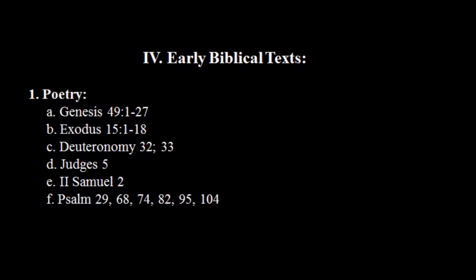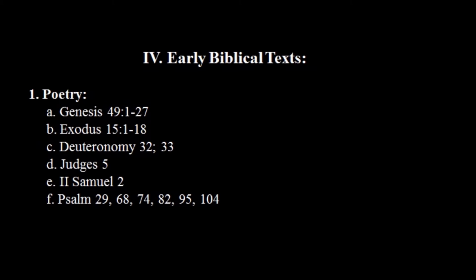It's got some significant theological differences from the rest of Deuteronomy, but also the Testament of Moses is a pretty old one as well. Judges chapter 5, that's the Song of Deborah. And it is so old, it may actually come from the time of Deborah, which of course would put it back in the 11th century BCE.